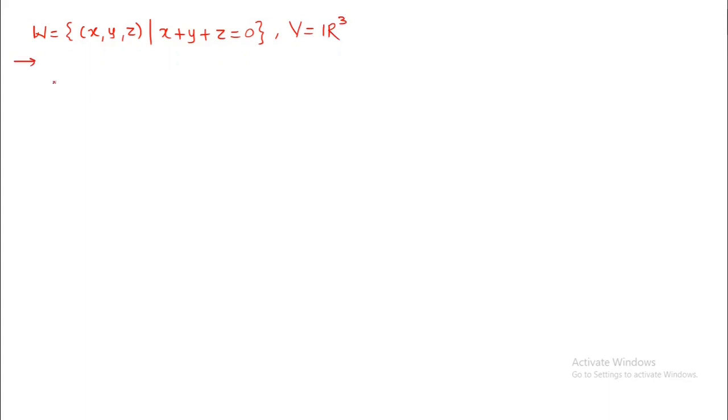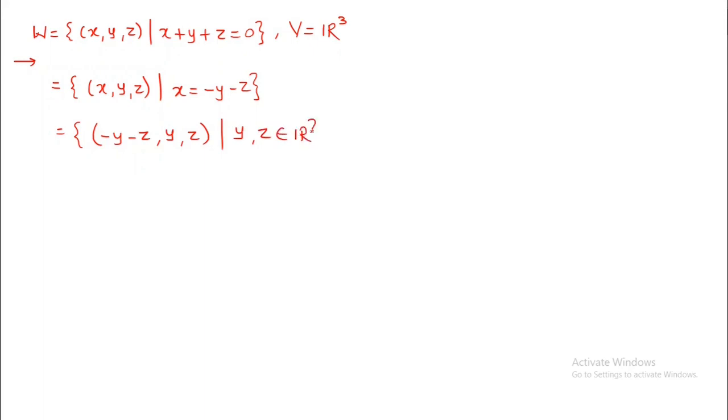So now this W further can be written as the set of all (x, y, z) such that x is equal to minus y minus z, which is further equal to a collection of, simply put the value of x here, that is minus y minus z, y as it is, z as it is, such that now there are two variables, so such that y, z belong to R, which can be further written as, now you take this y out.